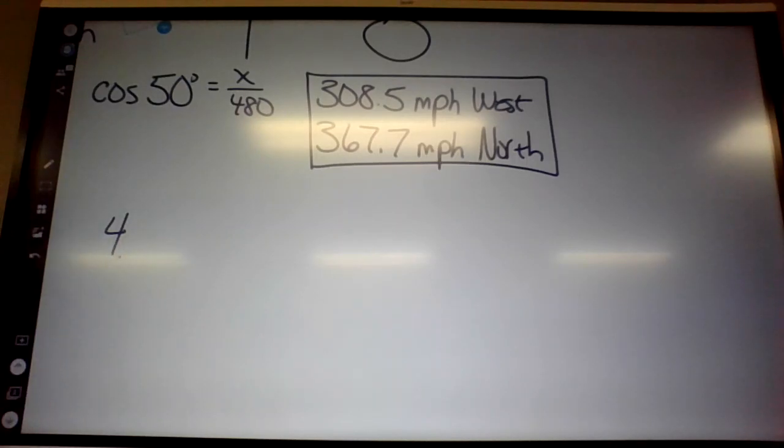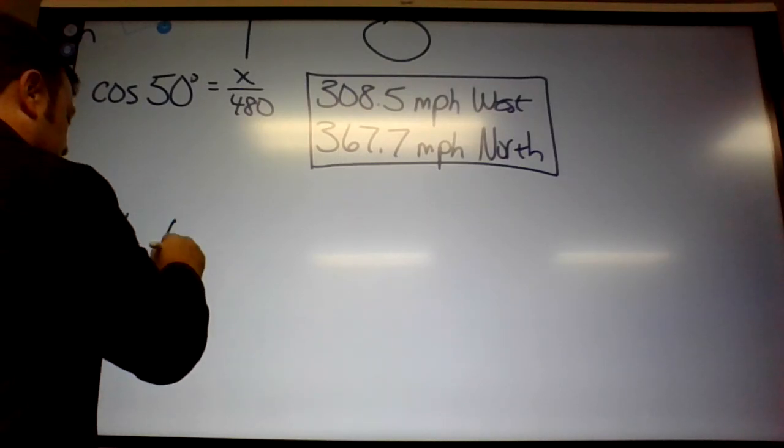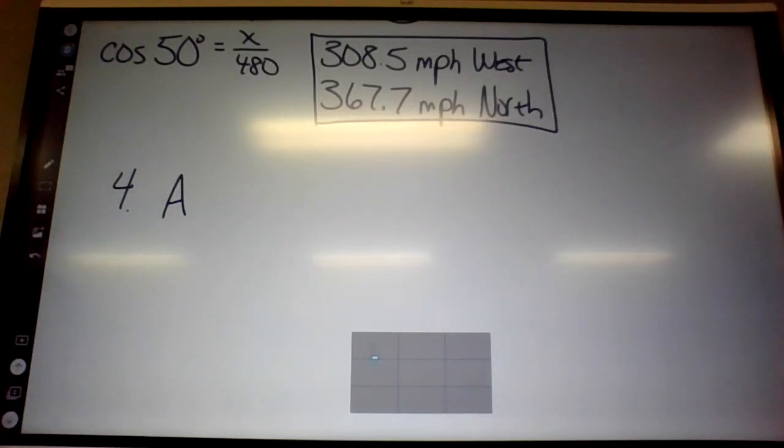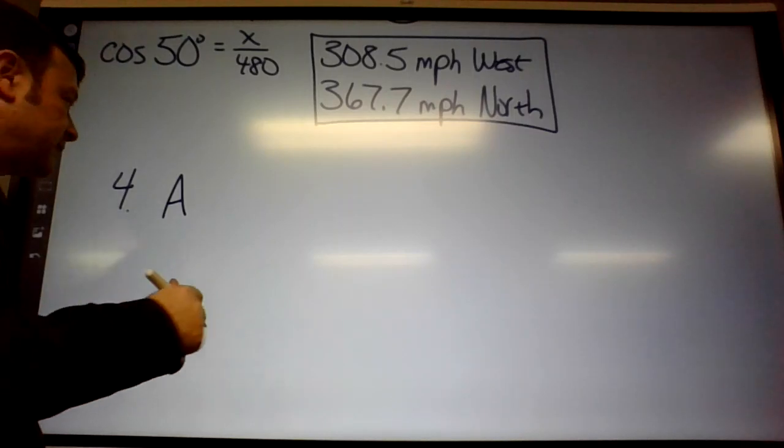Okay, number 4. Given the points A, B, C, D, find the coordinates of D(x, y), such that ABCD is a parallelogram. All right, you don't really need a graph for this. I'm going to kind of draw a fake picture here. A is (1, 3), B is (0, -3).